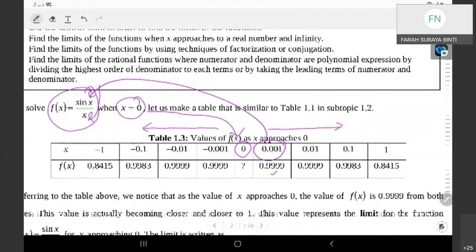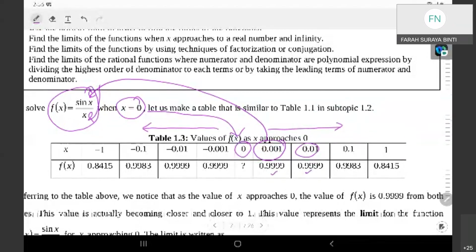Okay. And then kita test dengan value of 0.01. So 0.01 masukkan dalam function. So kita akan tekan calculator, sin 0.01 divide by 0.01. So dalam calculator akan keluar jawapan ni.